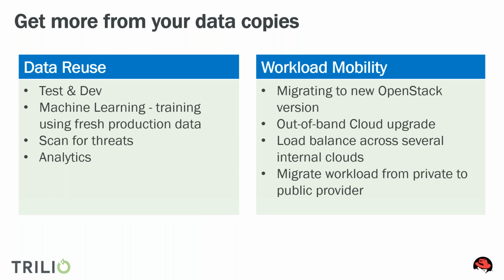The second example is the out-of-band cloud upgrade, where currently the upgrades may not always go that easily. I'm sure our audience has got a share of that pain. And in many cases, people choose to stand up a new cloud version first. And now you want the ability to migrate working live workloads from your previous cloud into the new one as fast as you can.